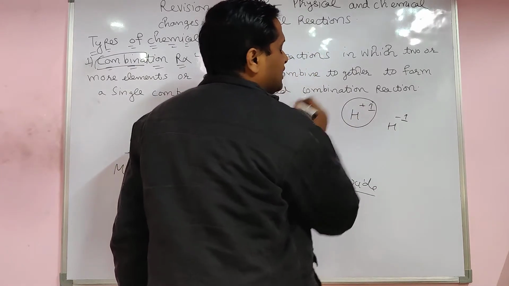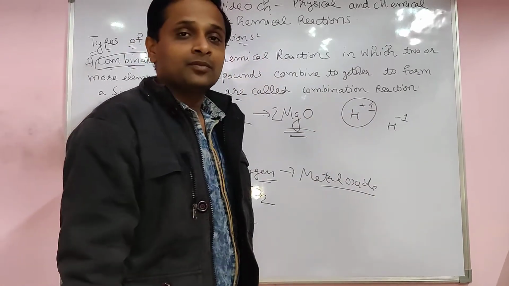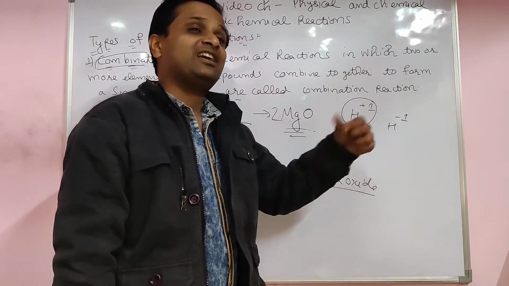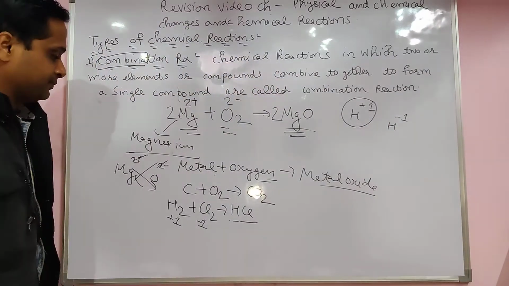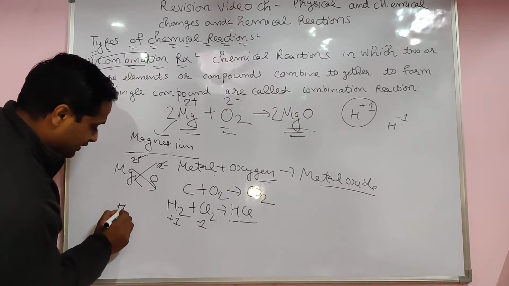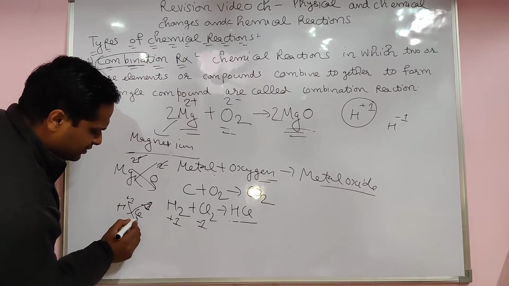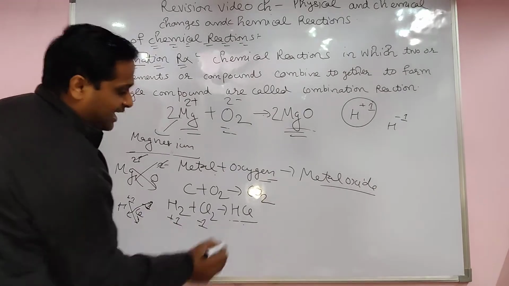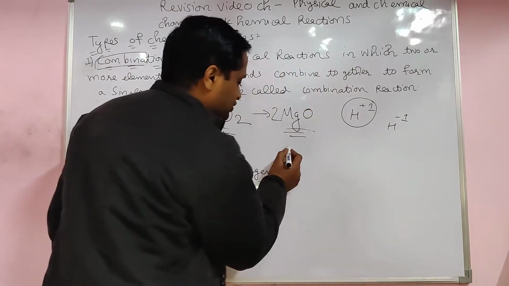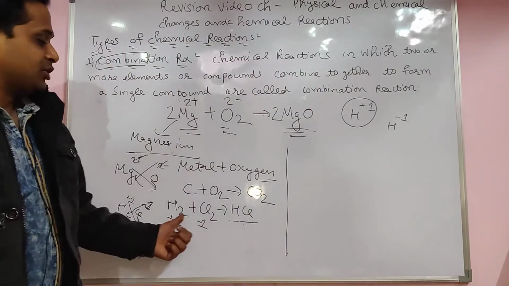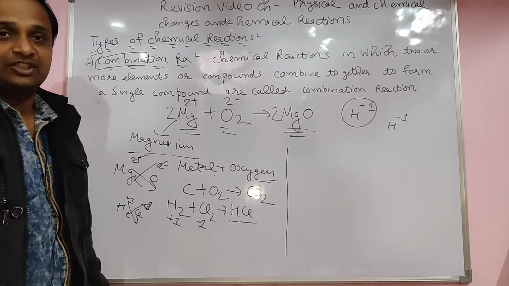When it reacts with a non-metal, it loses an electron and becomes H positive. But when it reacts with a metal, it gains an electron and becomes the hydride ion, H negative. So H 1 positive and chlorine 1 negative, by the crisscross method, HCl forms. So H2 plus Cl2 gives HCl, that is hydrochloric acid, students.